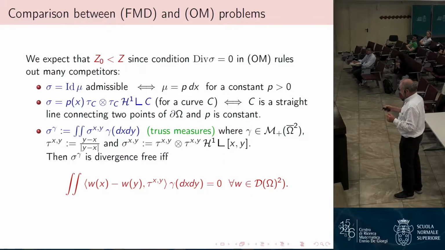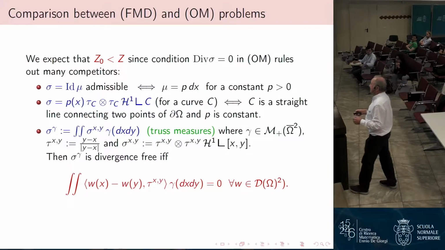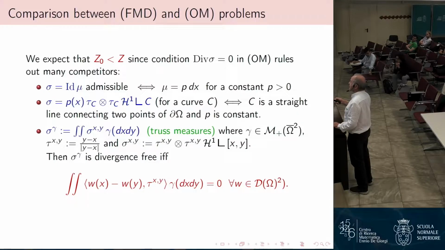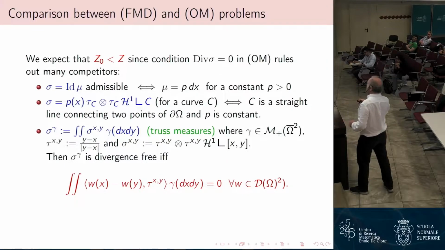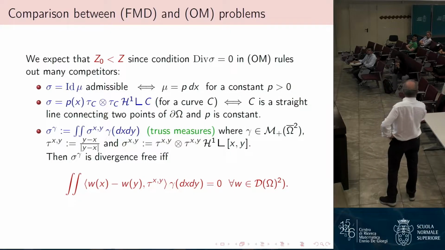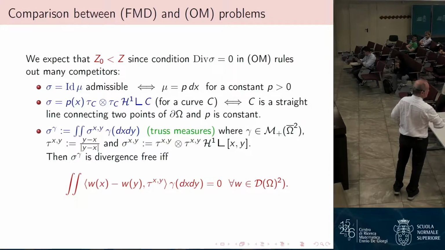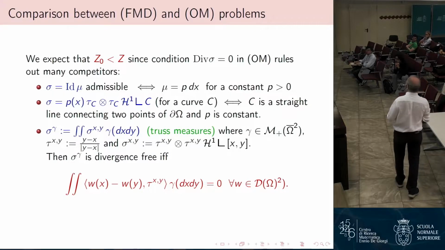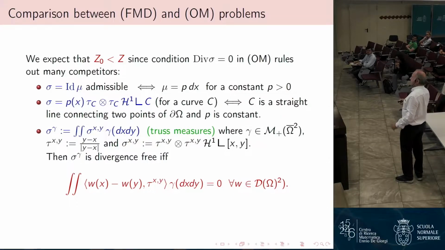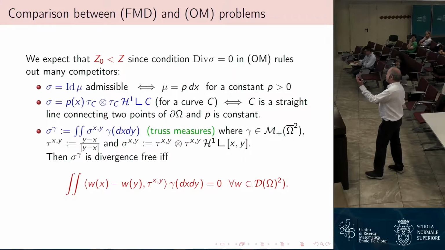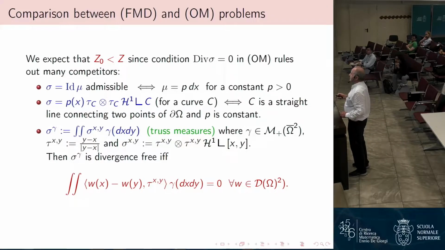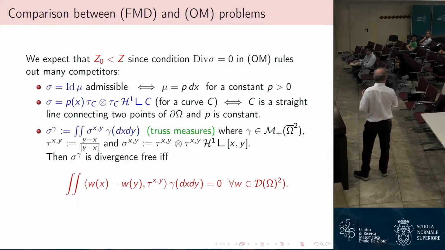And I want to point out that the divergence-free condition is very stringent because, for instance, if you take a scalar tensor, identity times mu, the divergence condition implies that mu is a constant density, which is not very interesting. It is a pre-stress membrane with a constant density. So you do not have very much choice. Now, you have interest in taking a curve if you are in R2.